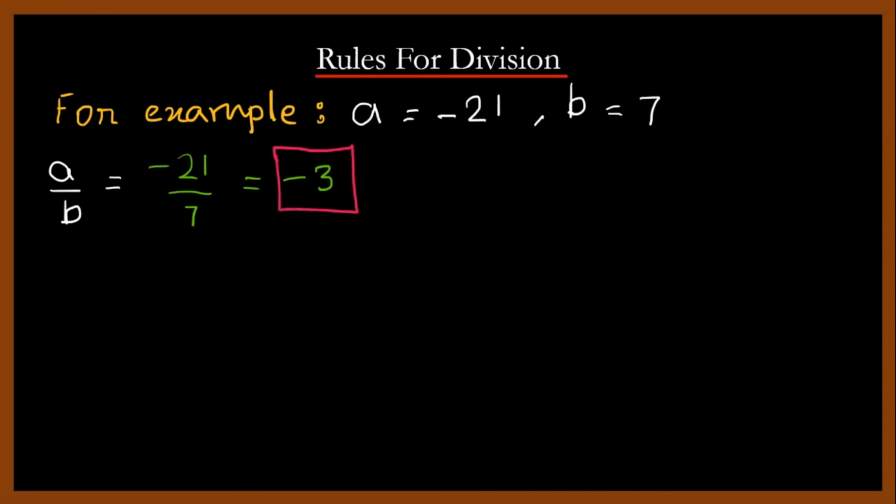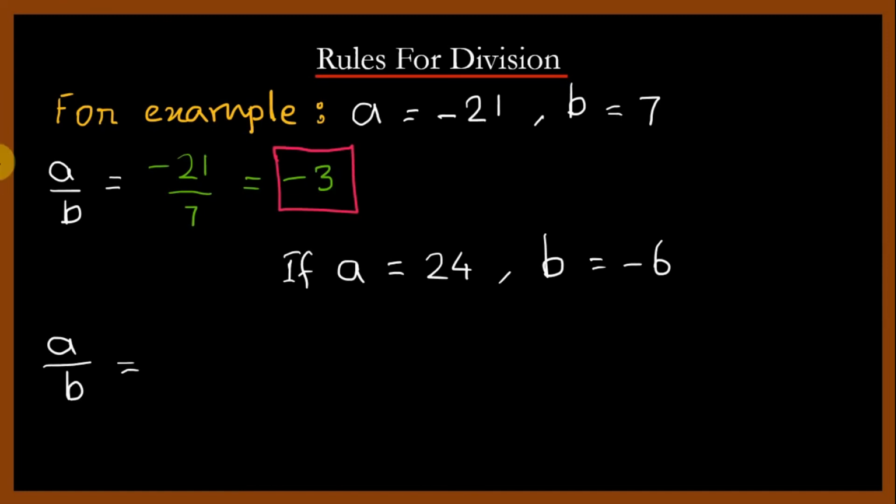Similarly, a is equal to 24 and b is equal to negative 6, where a is positive and b is negative. a divided by b is equal to 24 divided by negative 6, which is equal to negative 4. Note that b divided by a is also negative for numbers with different signs.